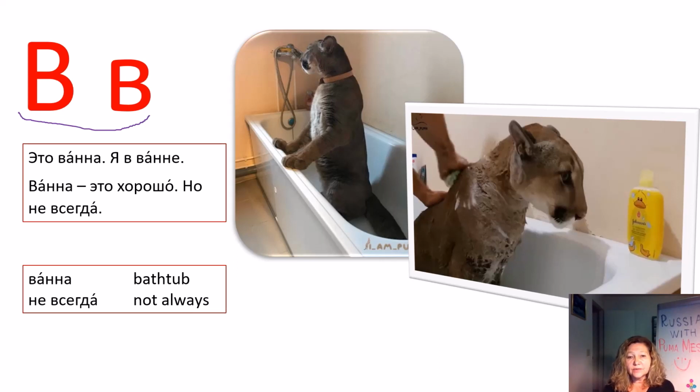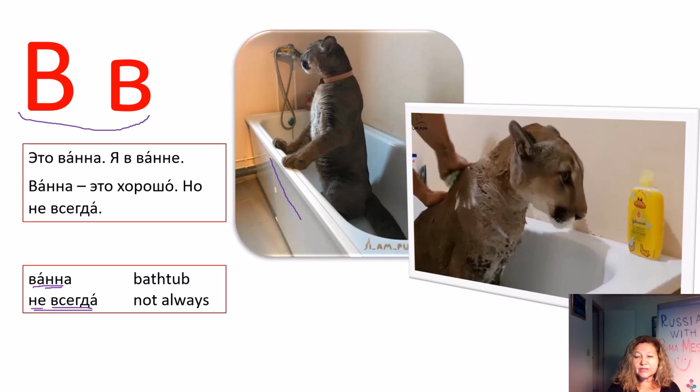So this is a bathtub, and in Russian bathtub is ванна. When Russian has a double consonant, you just extend its sound. Ванна. Bathtub. And here I'm giving you the hint, translation. Не всегда, not always.